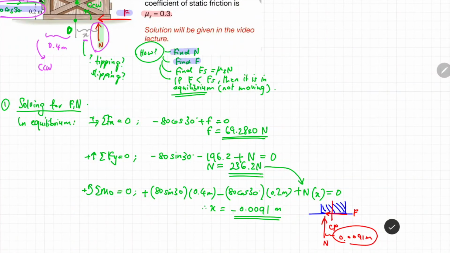Negative means it is slightly to the left, just a very small amount. What we can conclude is that the location of the resultant force and the friction force is still within the boundary of the contact surface, so the force subjected to the crate will not cause the crate to tip.